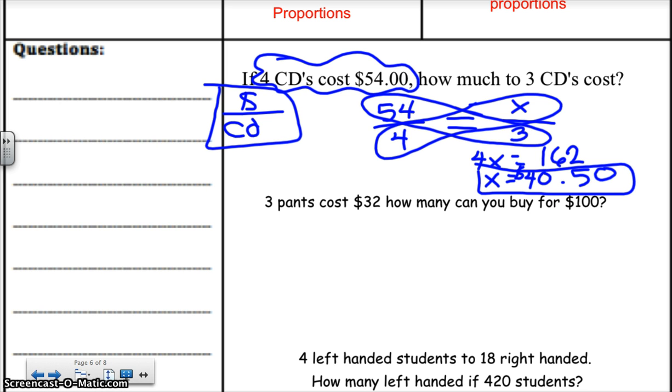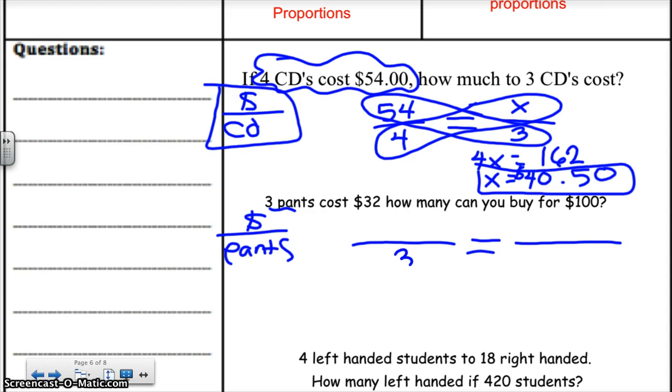3 pants cost $32. How many can we buy for $100? So what's my relationship? Money is to pants. Creating my proportion skeleton, now I just fill in the blanks. 3 pants cost $32. So pants go on bottom, money on top.